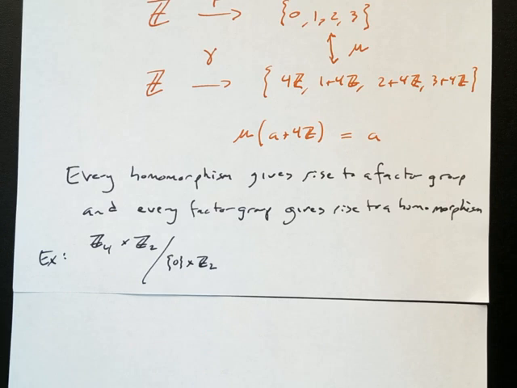And you could write them all down, right? (0,0), (1,0), (2,0), (3,0), (0,1), (1,1), (2,1), and (3,1). There we go. That's all of them. How many elements are in 0 by Z2? It should just be (0,0) and (0,1).